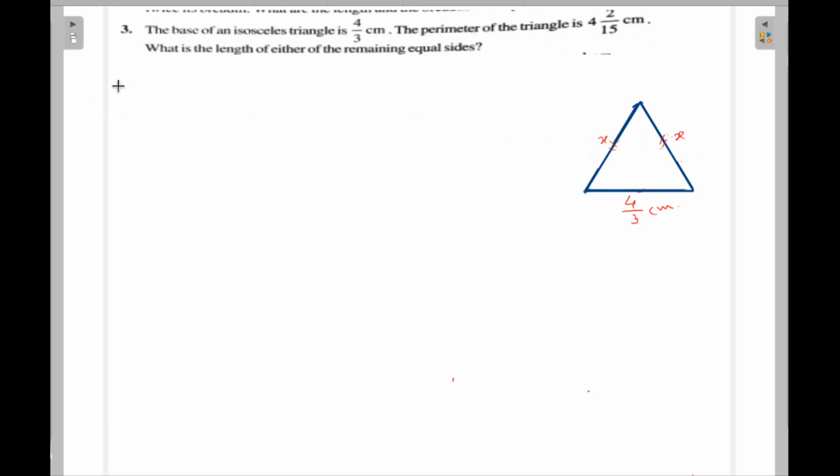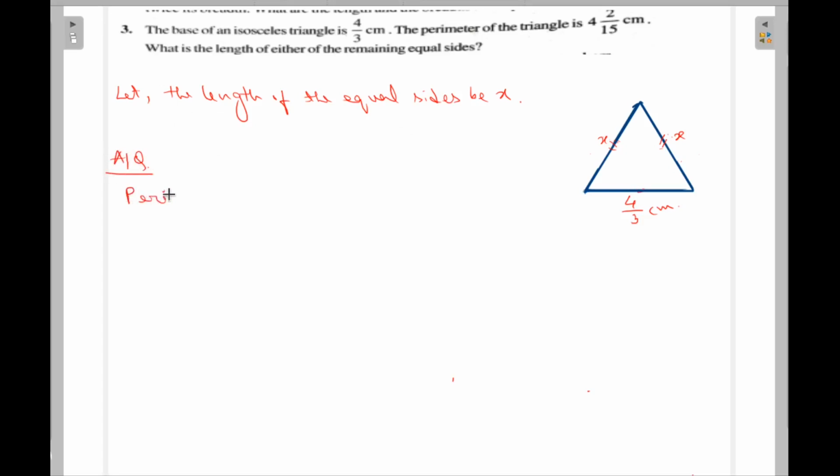So we have to find out the length of these two sides. Let's get started. Now let the length of the equal sides be x. Okay. So now we will start according to the question.